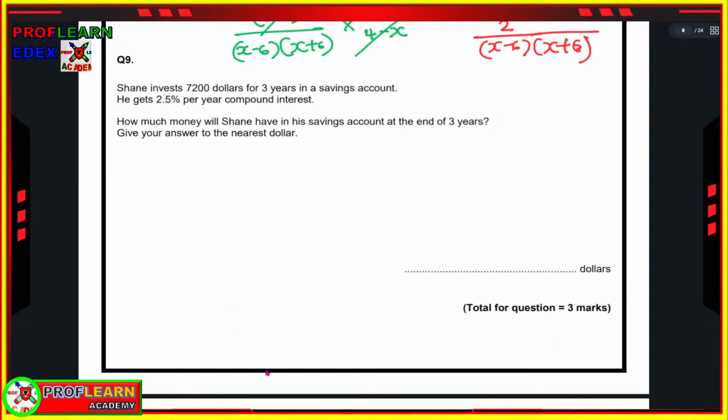All right, we have Shane who invests $7,200 for 3 years. He gets 2.5% per year compound interest. How much money will Shane have saved in 3 years? Of course, we are going to use the appreciation formula, principal into 1 plus r over 100 raised to power n. In that case, the principal is 7,200, and that is going to be 1 plus 2.5 over 100, raised to power 3.